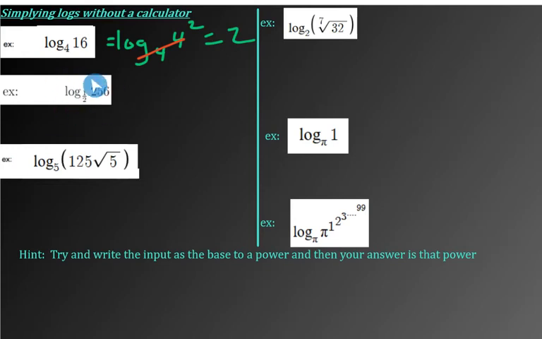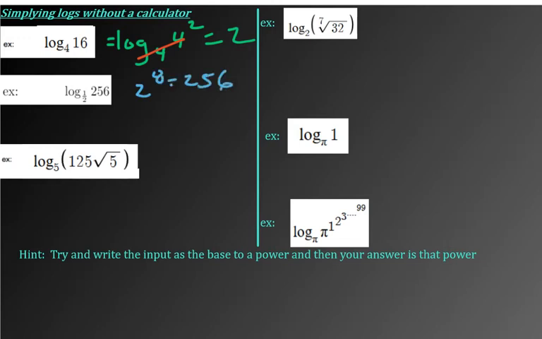This one, log base 1/2 of 256. The way I think about that is, 256 is a power of 2, okay? 2 to the 8th is 256.